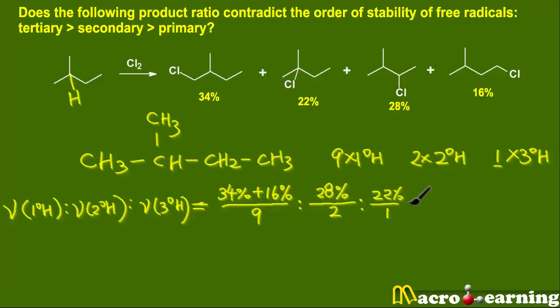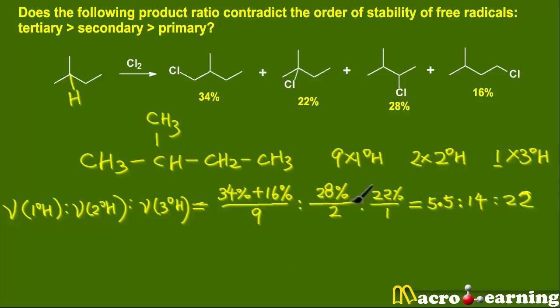Okay, let's do some real simple calculation here, and we'll just get rid of the percentage marks now. So we get 50 over 9, that's about 5.5, to about 14 exactly, to 22. Now that's the correct ratio for relative reactivity for the different kinds of hydrogens.